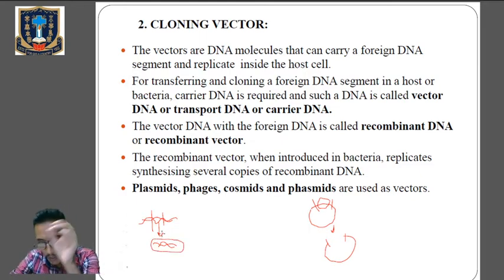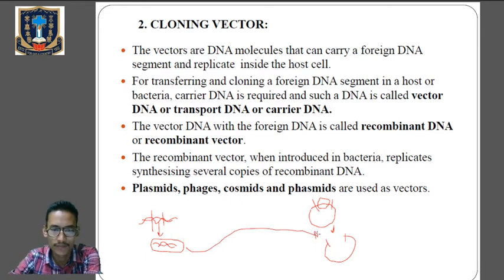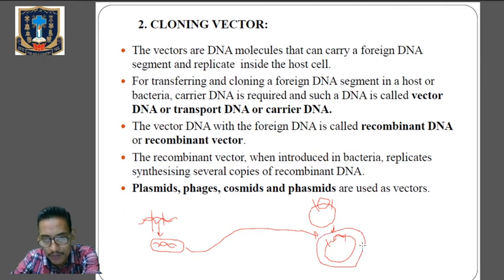Now what we do, with the help of the molecular glue, that is DNA ligase, we will insert this segment of DNA into the vector. So now this will be our gene of interest. Now over here you can see that a recombinant vector is being produced. Why?